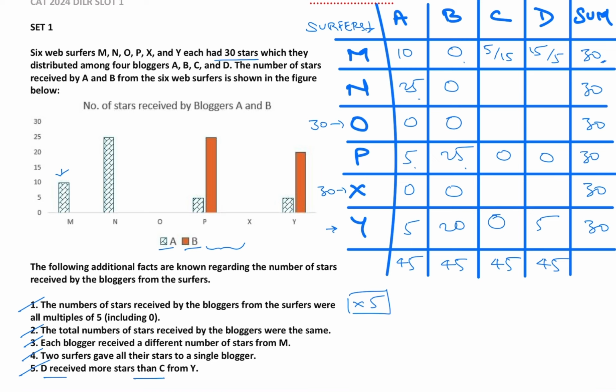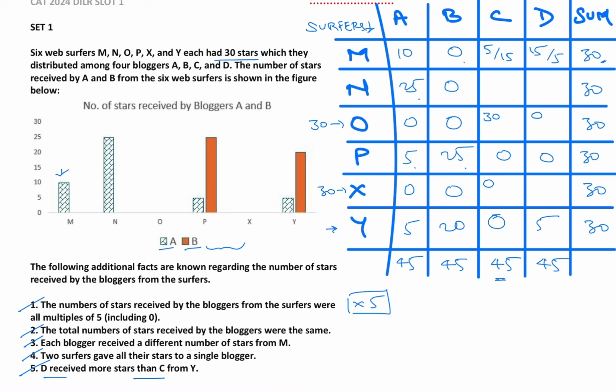Now, what more can we add in this table? So one thing, if you can see, 30 can be given out by O. So if O gives out 30 stars to C, then it will give out 0 stars to D. Okay. And similarly, if O gives out 30 stars to C, X will give 0 here, because if X also gives 30 stars to C, then 30 plus 30, and also I'll have some value from M, so it exceeds 45, which is my sum, so it won't be possible.